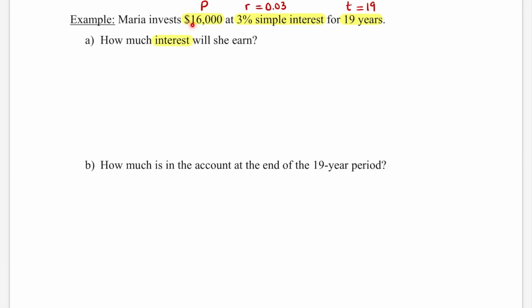So if Maria invests $16,000 at 3% simple interest rate for 19 years, to find the interest that she earned after 19 years, we use the simple interest formula, I equals PRT. I'll replace P with $16,000, replace R with 0.03, and replace T with 19.